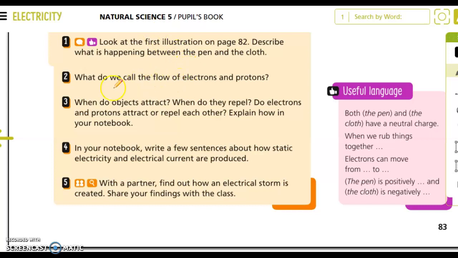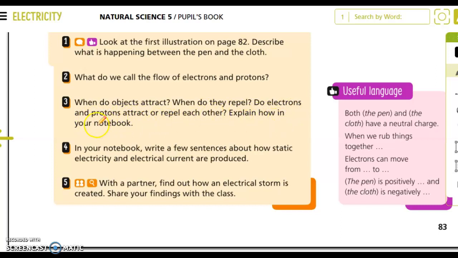Okay, so for exercise number 2, what do we call the flow of electrons and protons? That is easy, electricity. Exercise number 3, when do objects attract? When do they repel? Do electrons and protons attract or repel each other?